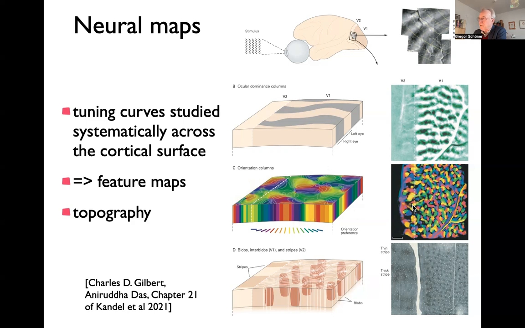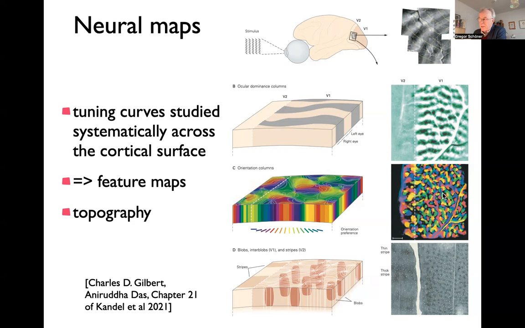Neighboring cells tend to have neighboring preferred orientation, and you get a 3D map. The 2D retinal surface is on top of this, and then the third dimension is the orientation.